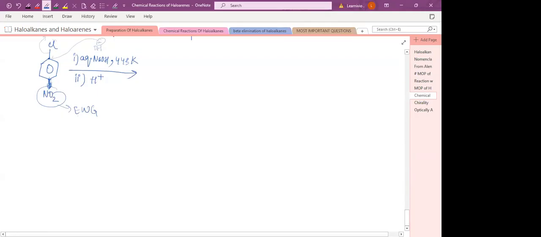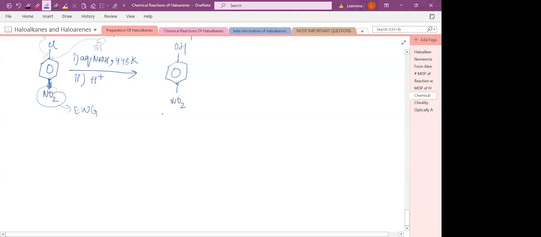Because the electron density here is reduced, due to that a partial positive charge comes here, right? So due to the partial positive charge, the nucleophile will attack that carbon and it will give you the product, and here OH will be attached and NO2.